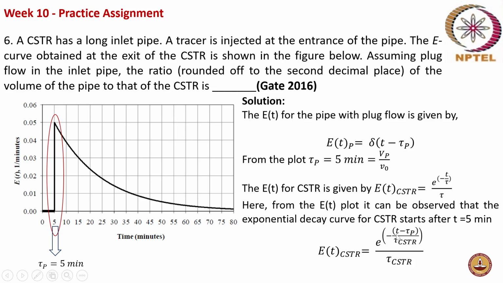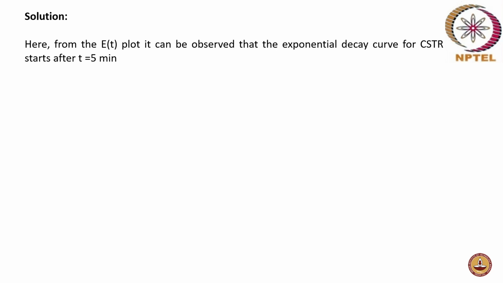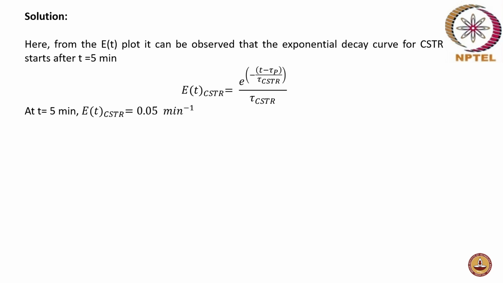Now we already have the value of tau p to be 5. How do we find the tau of the CSTR? Let's proceed. From the plot of E of t, it can be observed that the exponential decay curve for the CSTR starts after t equal to 5 minutes, as we have discussed, and we have seen the expression also.